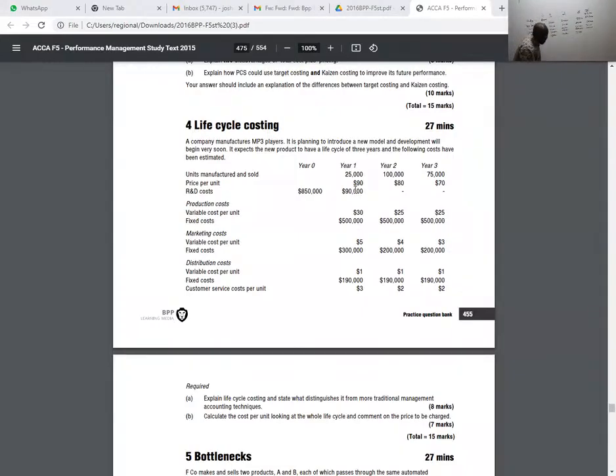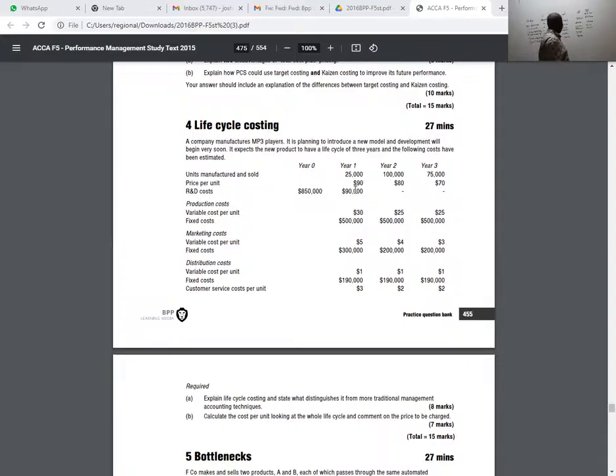From there, we have the fixed distribution. For fixed distribution, mine is simply to copy the figures. I have 190,000, 190,000, 190,000.